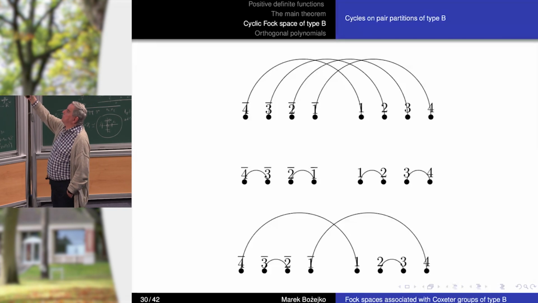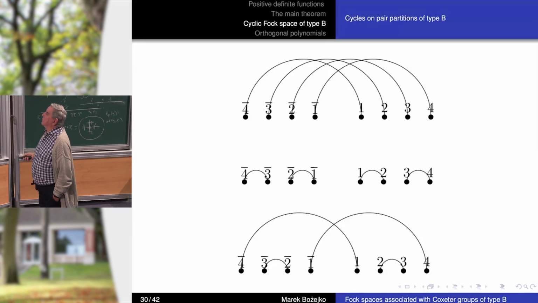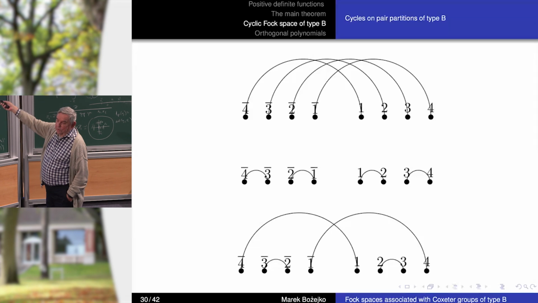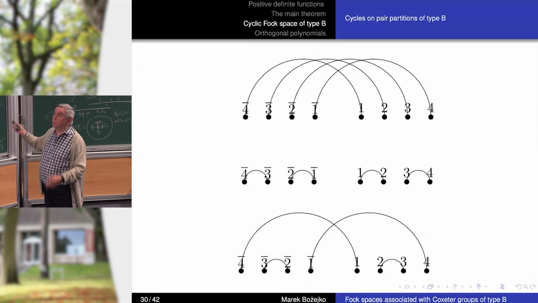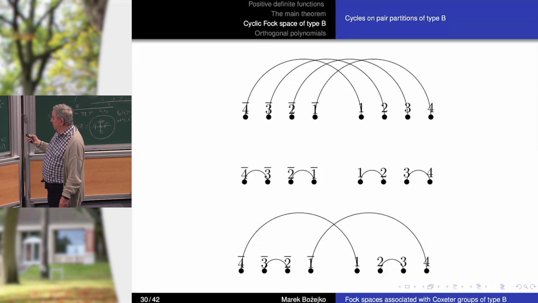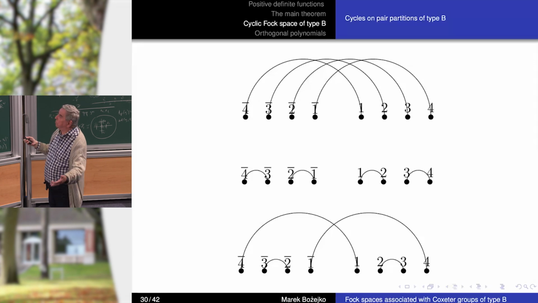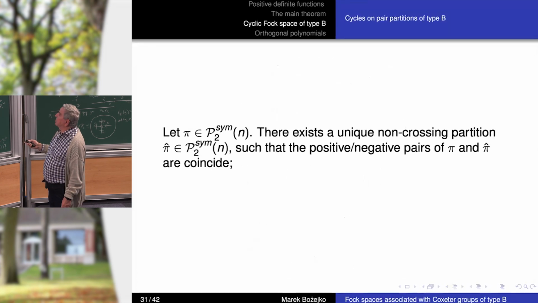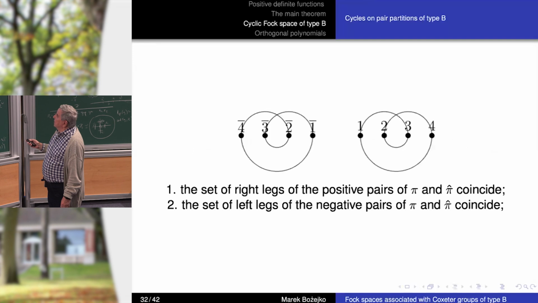For this we need some nice combinatorics, because this conference is about combinatorics. I don't explain it, but you can imagine what it is, or we can look at the paper.